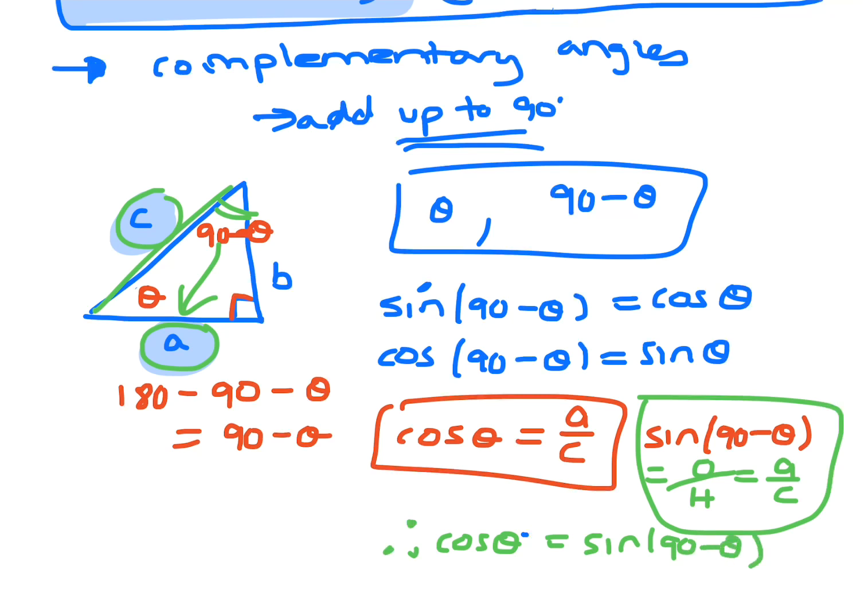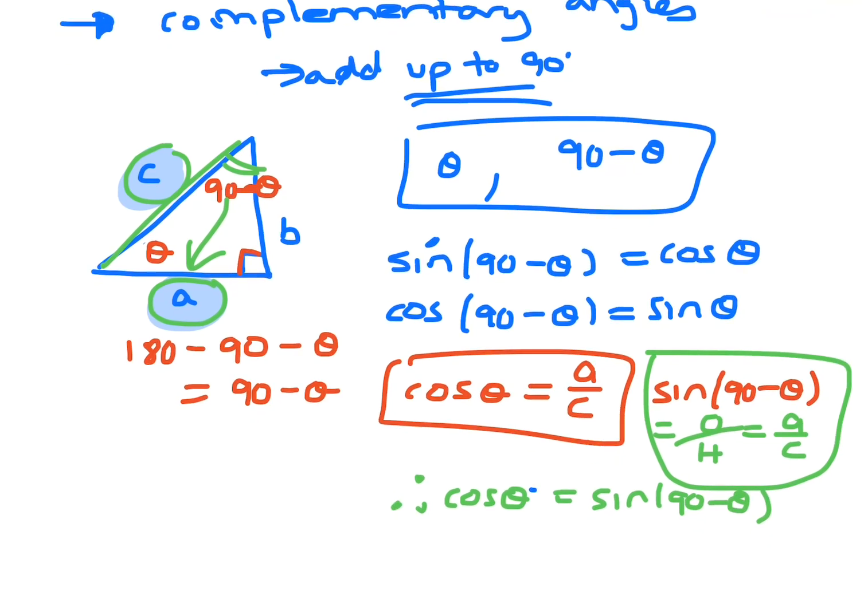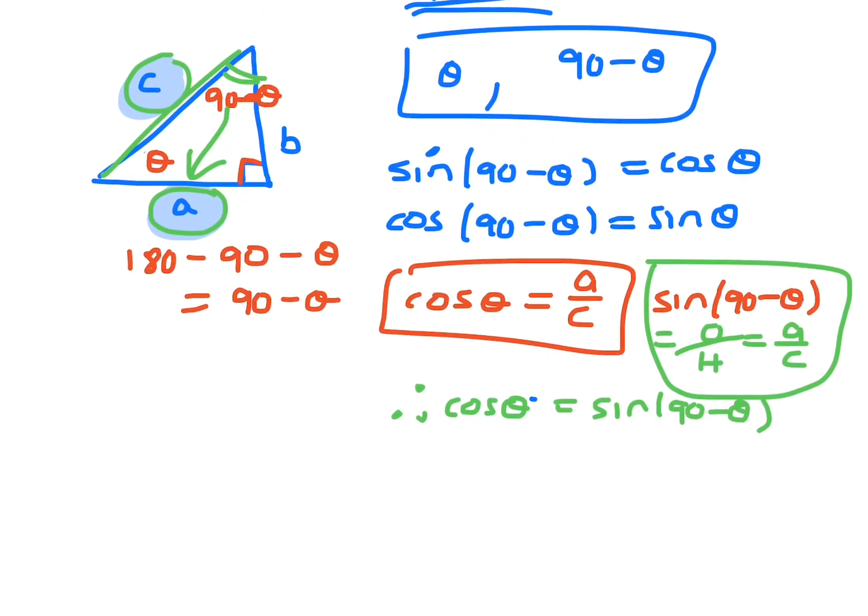And you could look at the same thing for cos of 90 minus theta. So cos of 90 minus theta would be B on C, and sine of theta will be opposite, which would be B on C. So cos and sine complement each other in a right angle triangle.